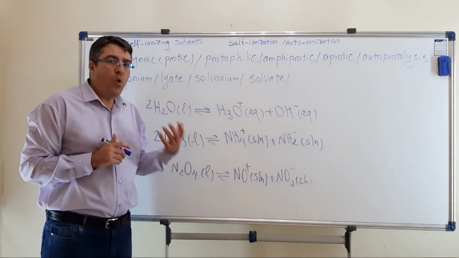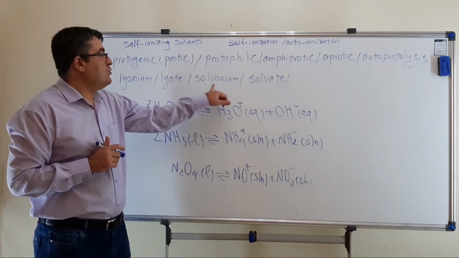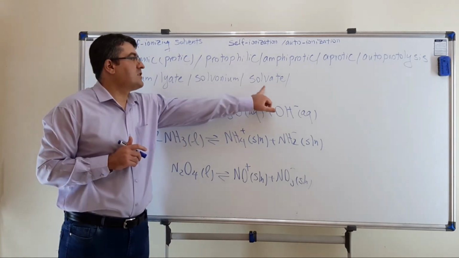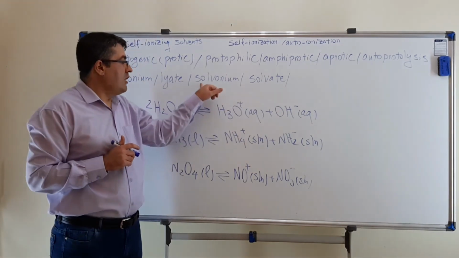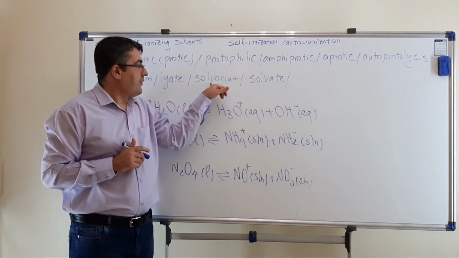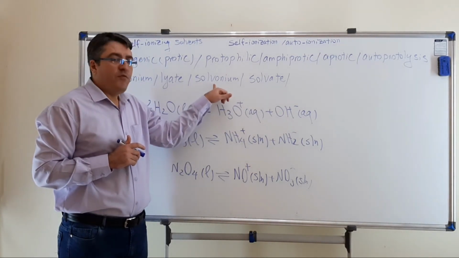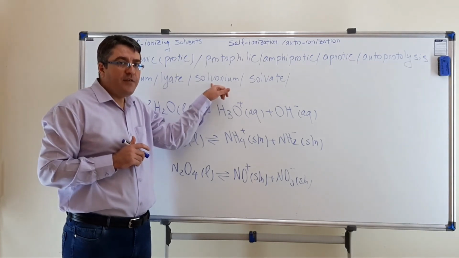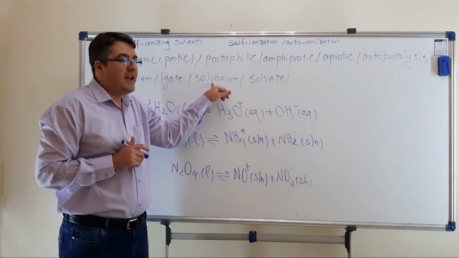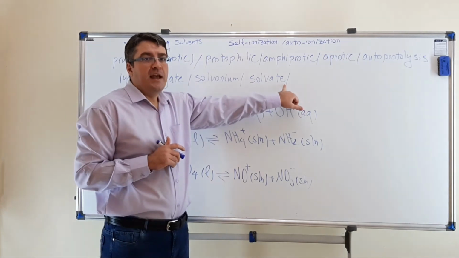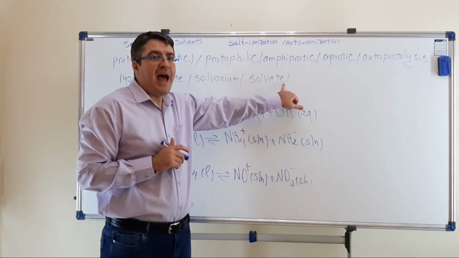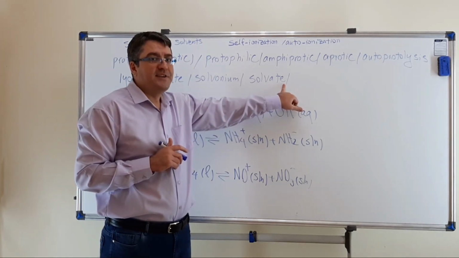In the case of all solvents, we use these terms, solvonium and solvate. Solvonium is a term for characteristic cation of a self-ionizing solvent, and solvate is a term for the characteristic anion of a self-ionizing solvent.